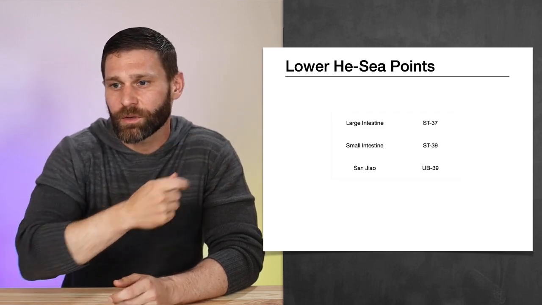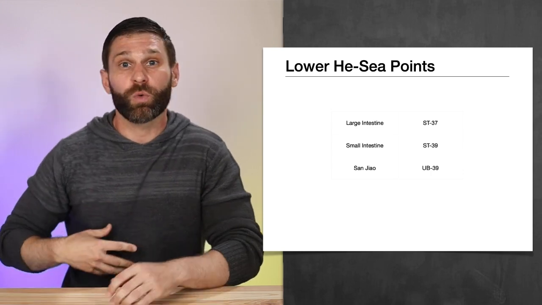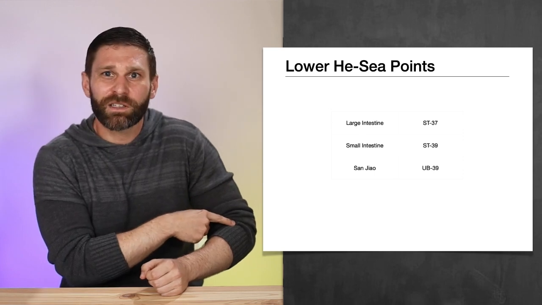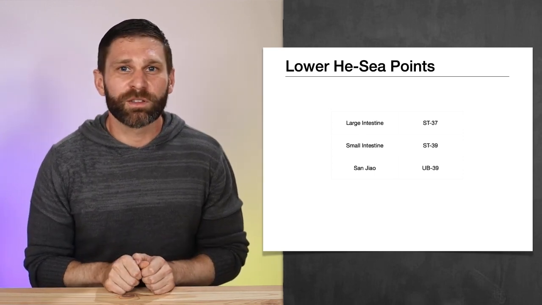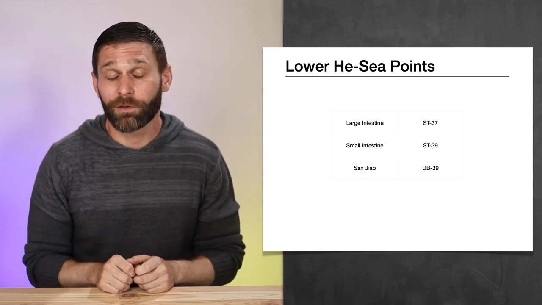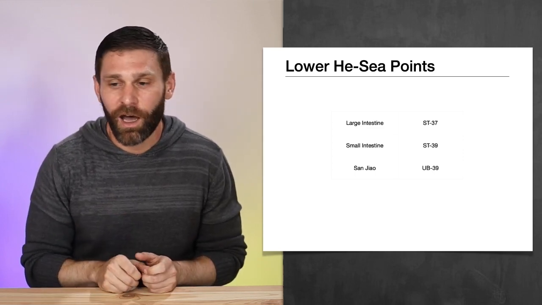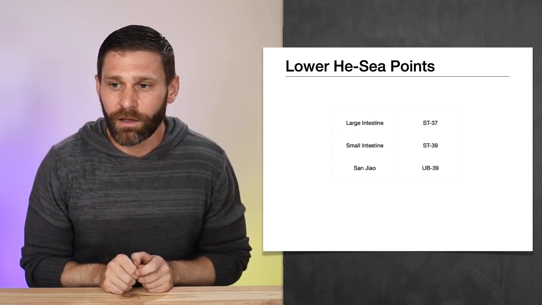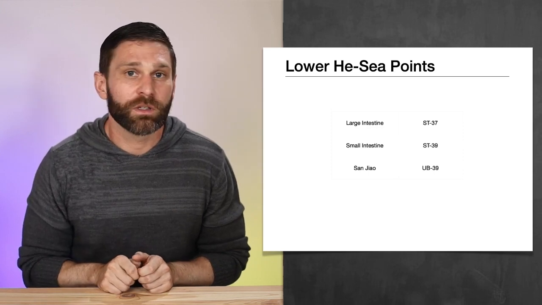And so basically we have these 3. The lower He point of the large intestine is stomach 37. So if we want to treat constipation or disorders of the large intestine organ, we're probably not going to use Li11. We're going to use stomach 37. If we wanted to treat the small intestine organ, which I'll be honest, doesn't happen a whole lot, but if you have testicular pain due to small intestine qi tide, or you have borborygmus and lower abdominal pain due to cold in the small intestine organ, then we would go to stomach 39.